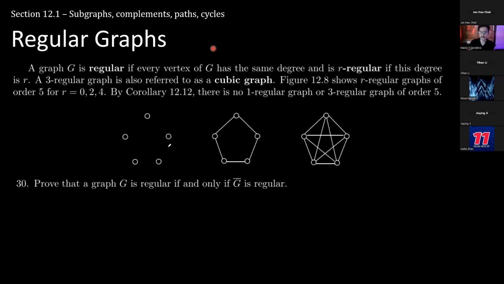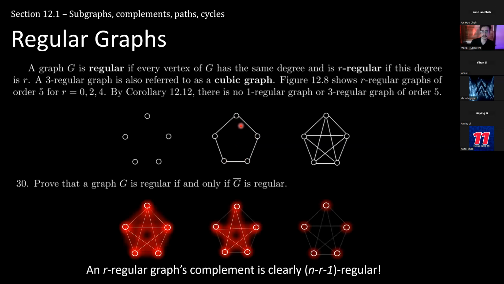Well, let's see. If I have this thing and I want to find its complement, I connect these two, and then I connect these two, and then these two, and then these two, etc. So then clearly each node is going to connect to n minus r minus 1 nodes in the complement.